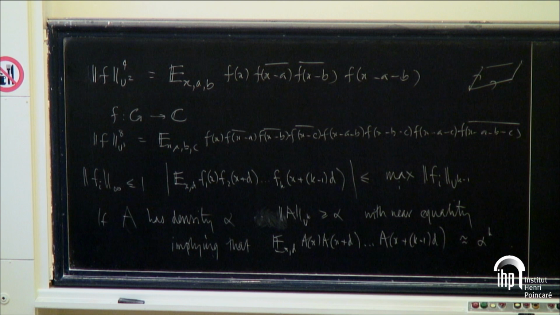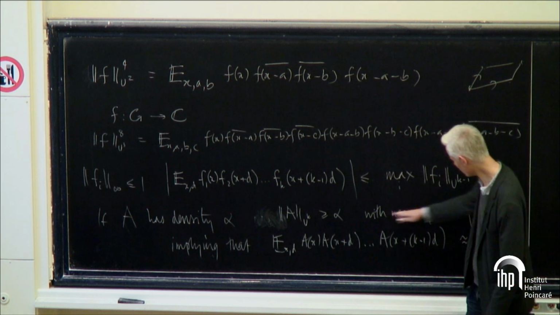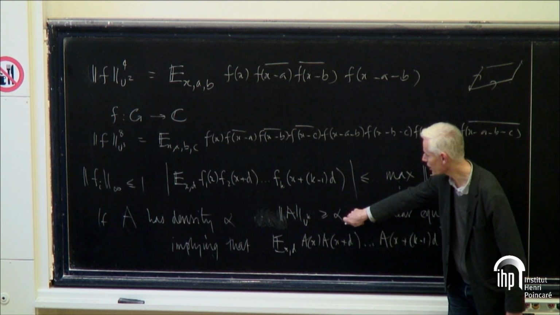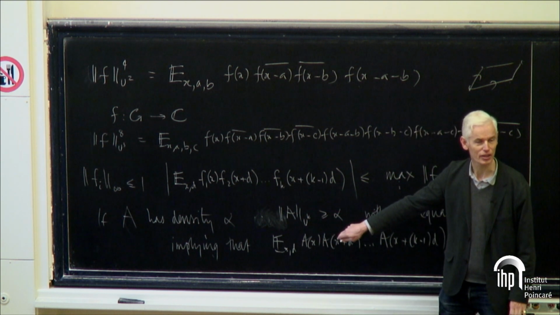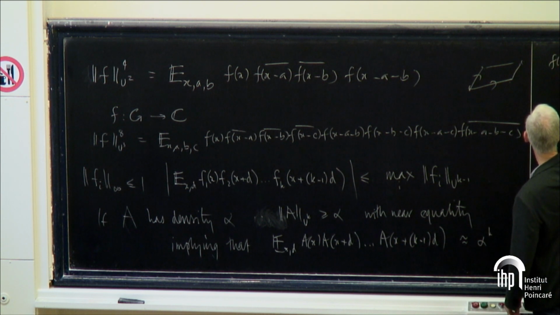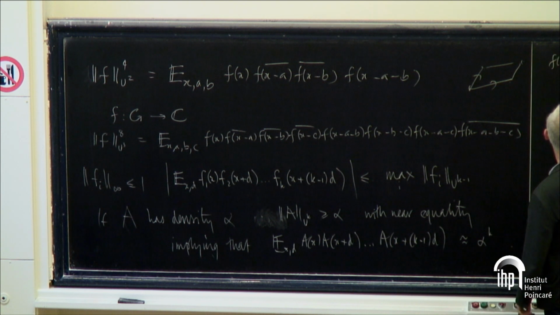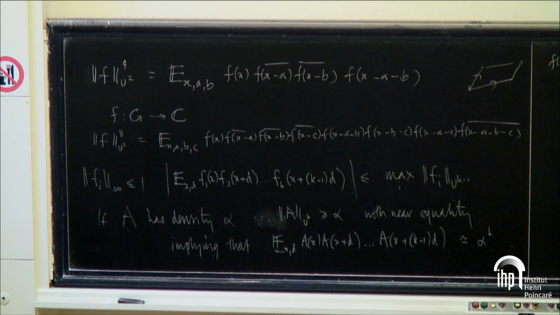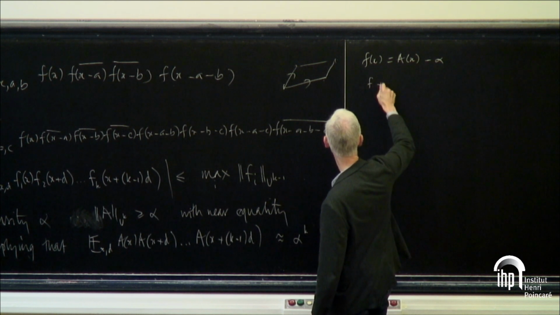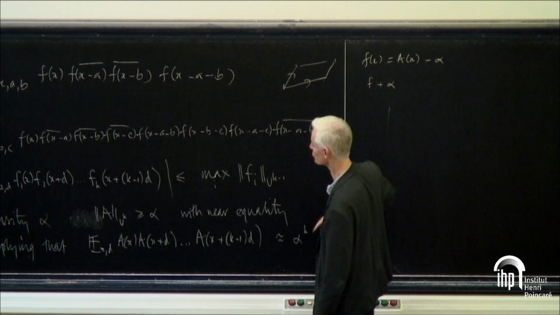And so what we get here is that if A satisfies this quasi-randomness condition, and by the way, the U^k norm of A being close to alpha is a similar thing to saying that something called the balanced function, f(x) equals A(x) minus alpha, has a small U^k norm. And so the way one proves this is you split A up into f plus alpha. f has a small U^k norm.